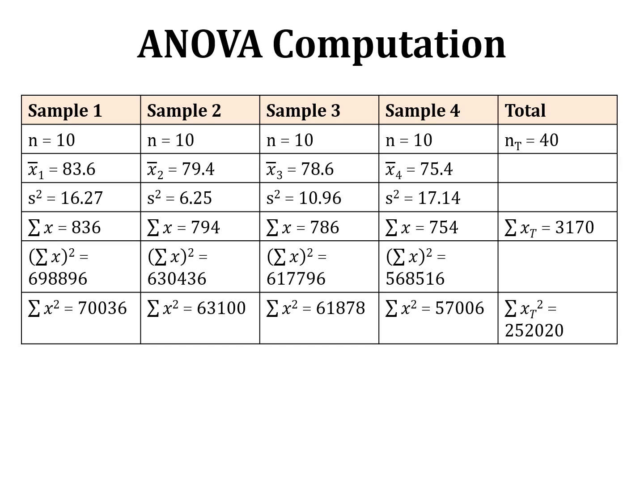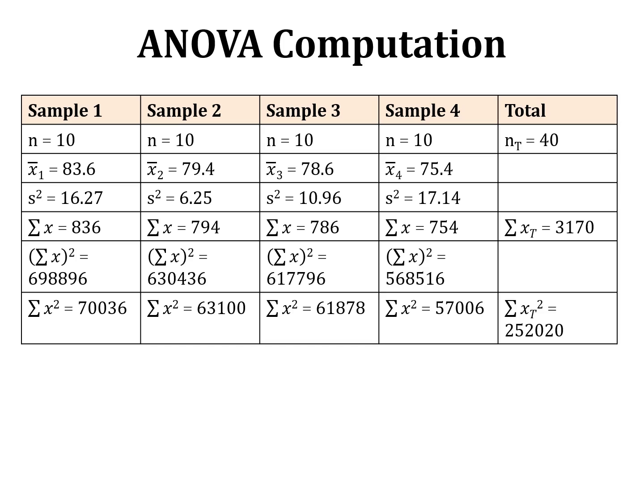So this is the square of 836 for sample number 1, and this is the square of 794 for sample number 2. This is the square of 786 for sample number 3. This is the square of 754 for sample number 4. And then we have the summation x square, which are the sum of the squares of individual observations that we calculated from the previous table.